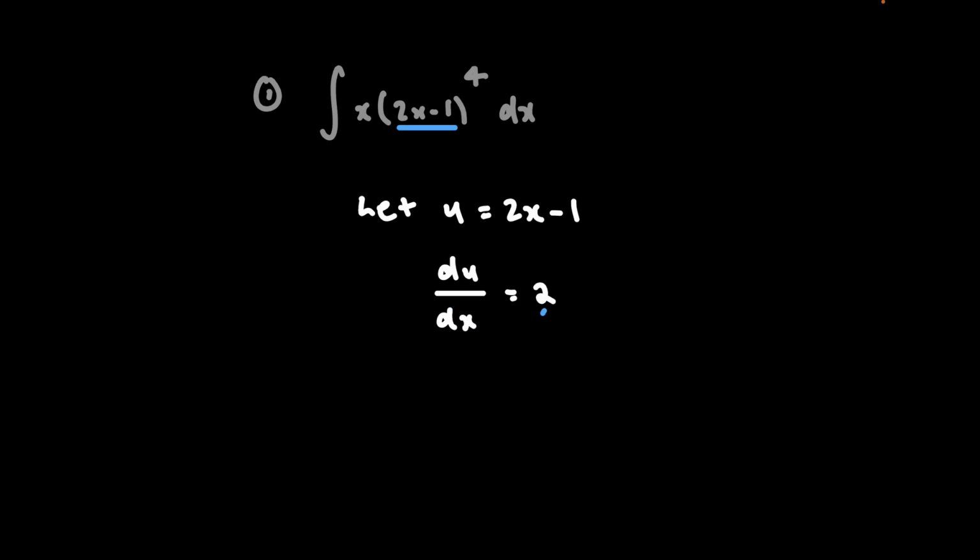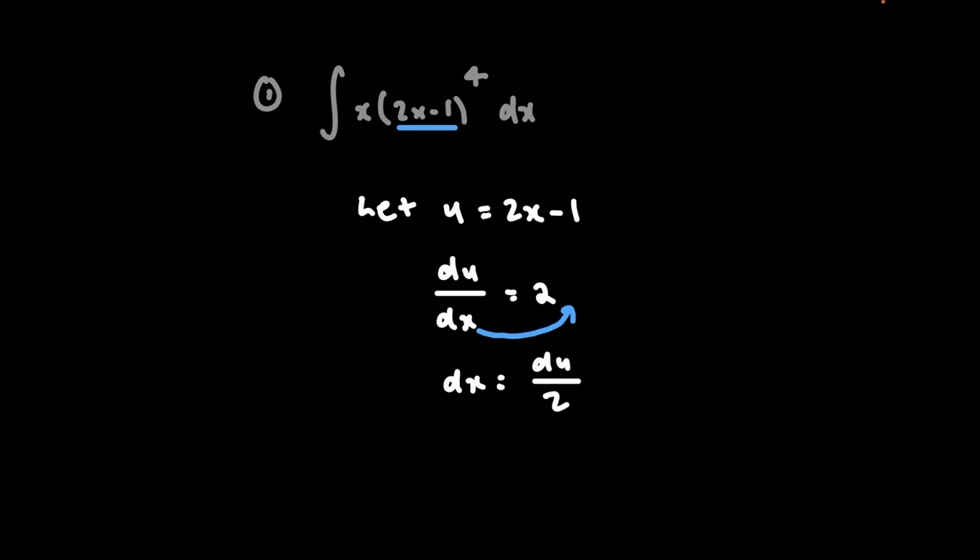So all I'm going to do is some algebra, bring the dx to the other side. So I'll be left with 2 dx equals du. All I did was multiply both sides by dx. And then I can divide both sides by 2. And what I'll be left with is dx is equal to du over 2.